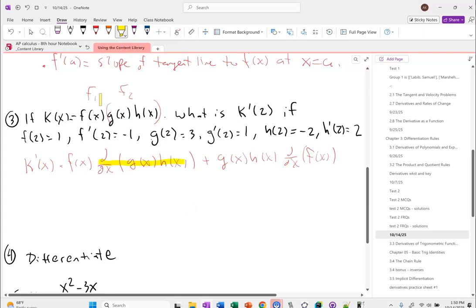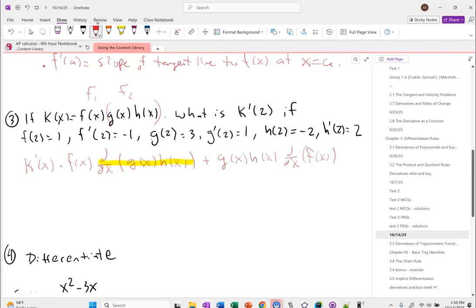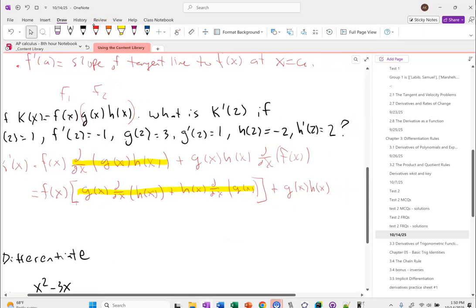Now, to do this, what do I need to do? How do I do the derivative of g of x times h of x? That's another product property, yes. And then what's the derivative of f of x?